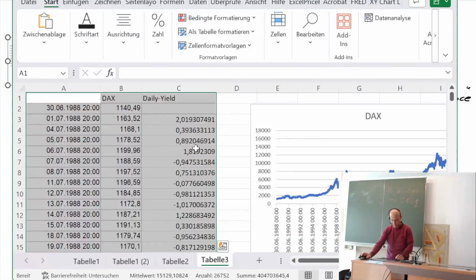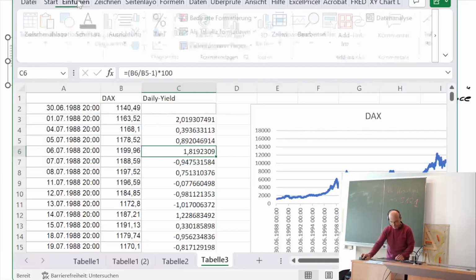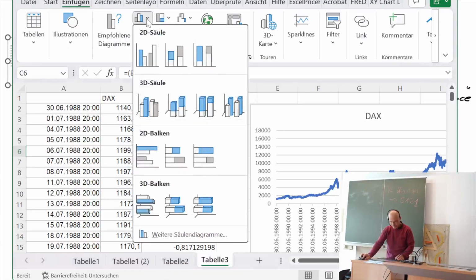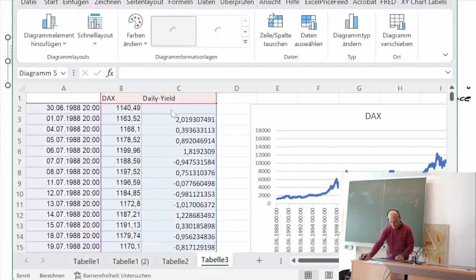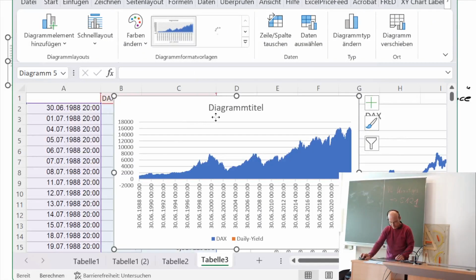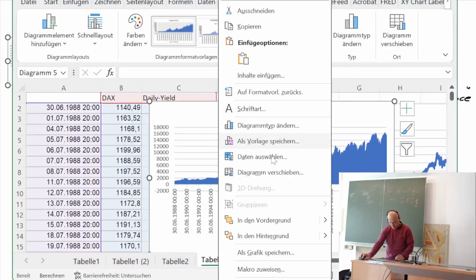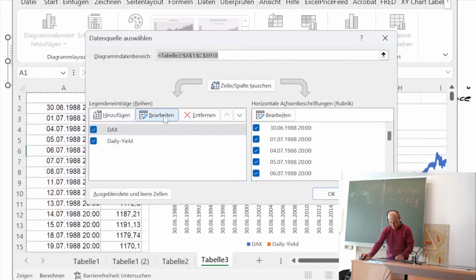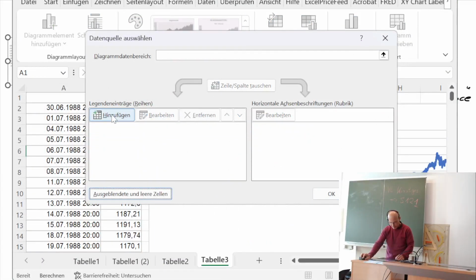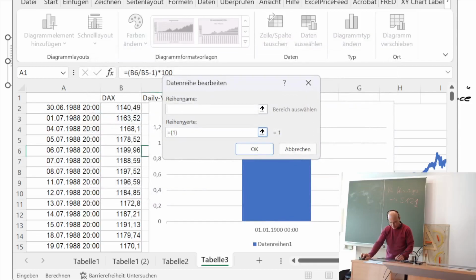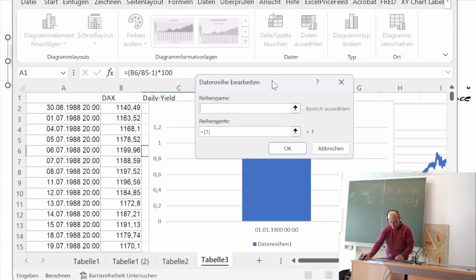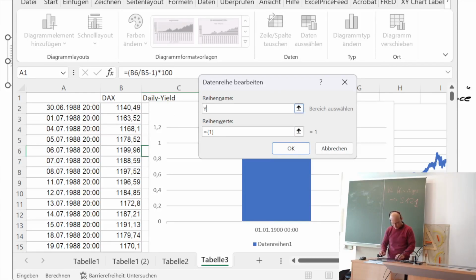Then let's try it in another way. So put in the yield and the data.